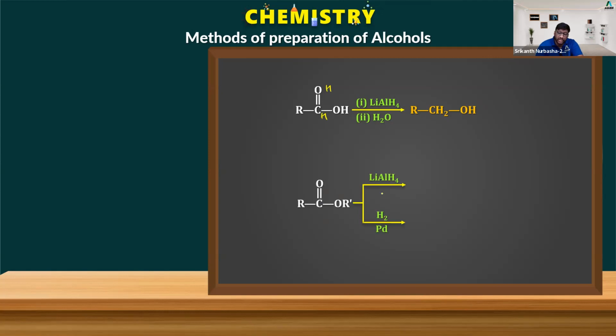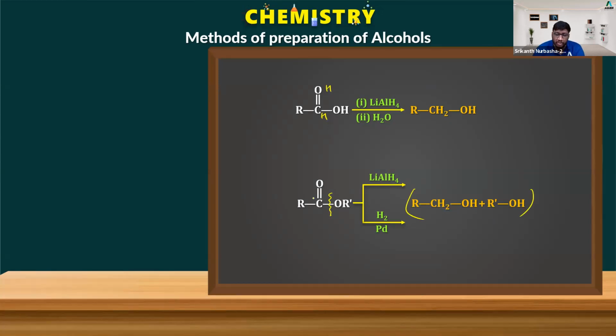RC double bond OR dash, lithium aluminum hydride, H2 in the presence of palladium. What are you going to get? Lithium aluminum hydride will reduce esters. H2 in the presence of palladium will also reduce esters. H2 in the presence of palladium will not reduce carboxylic acid, but it will reduce esters. You get what? Alcohol. So the CO bond in the ester is going to be cleaved. You get RCH2OH and R-OH.